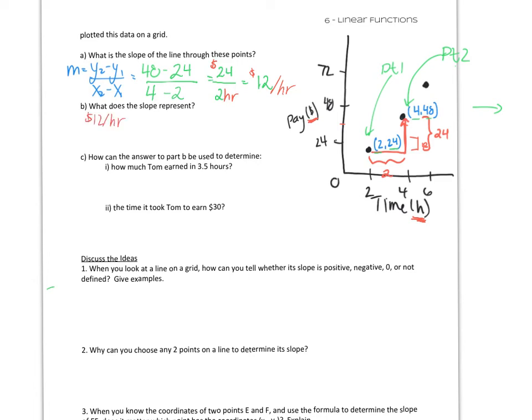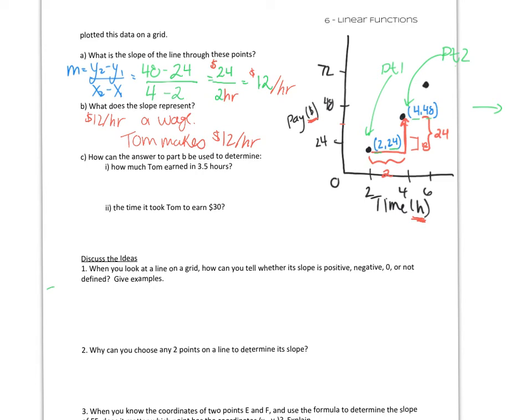What does this slope represent? It represents a wage. So Tom makes $12 per hour.